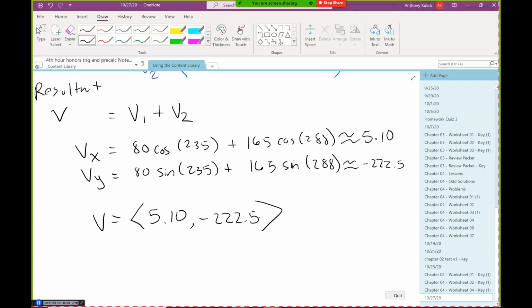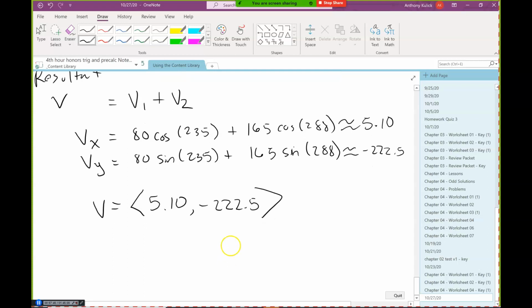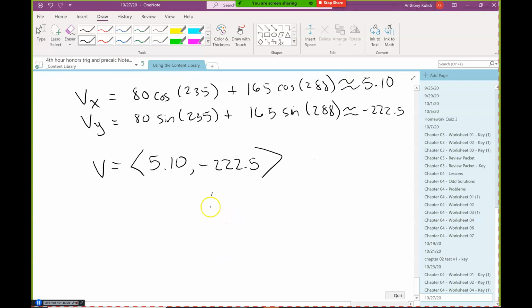So I need to figure out the length of this line, or the magnitude of the vector. Well, that's easy. It's basically just the Pythagorean theorem.